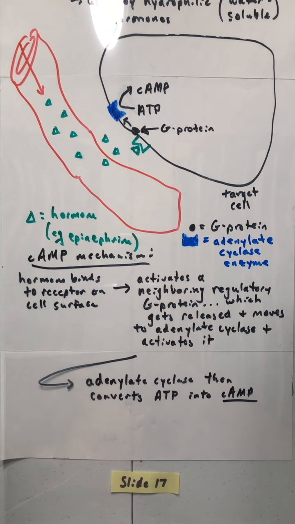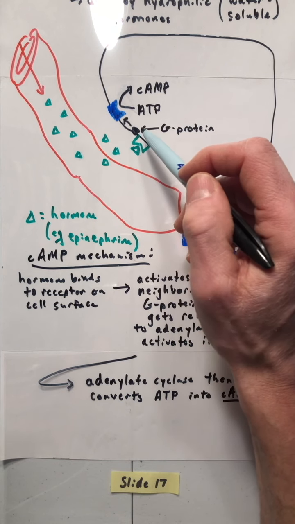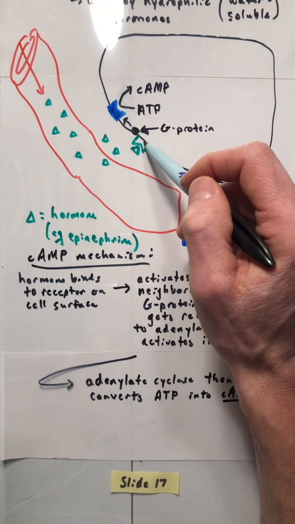And what happens is that G protein can bind to GTP, guanosine triphosphate. And when GTP binds to it, it displaces a guanosine diphosphate on there. That's what actually releases this G protein from its connection to this first receptor.